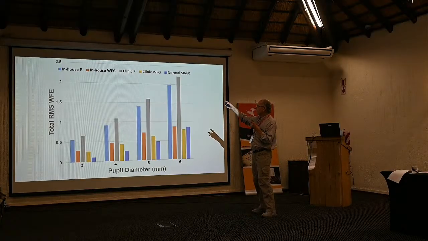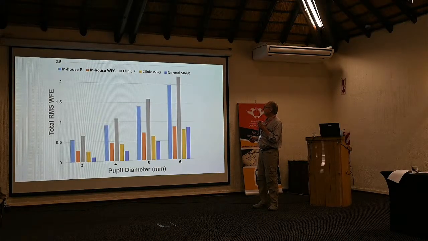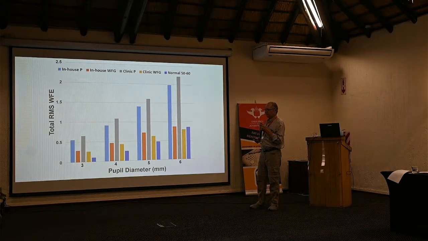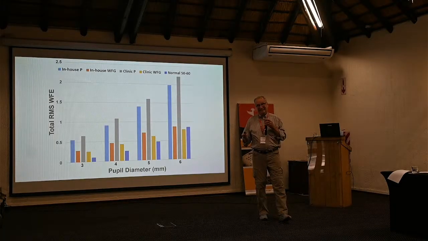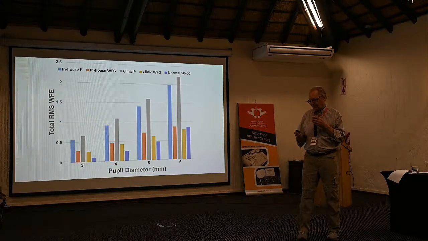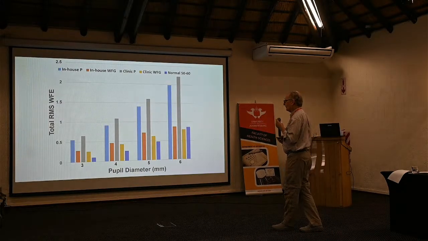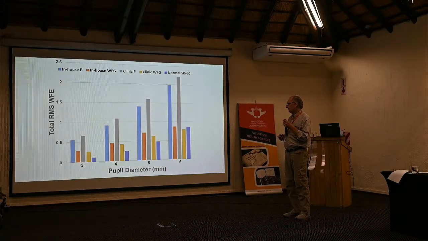Then we repeat that with the clinical outcomes. And then we have the normal RMS as a function of age for 50 to 60-year-olds, because these are the patients that can afford these lenses. They're established people. The lenses now are costing around $2,000, $3,000 a piece. And I don't like that, but that's the way it is.